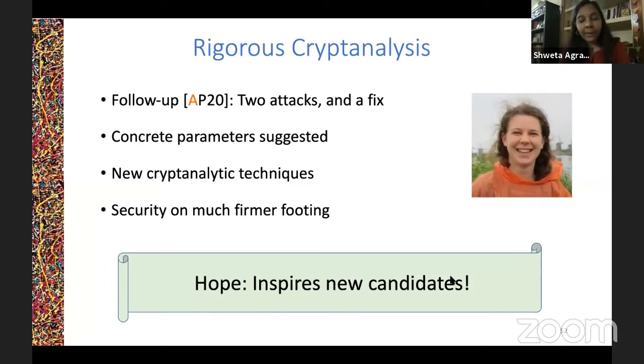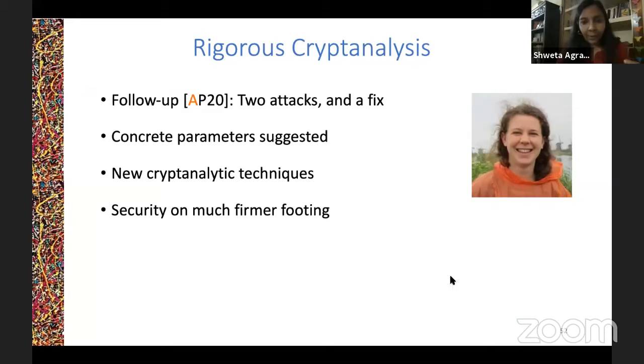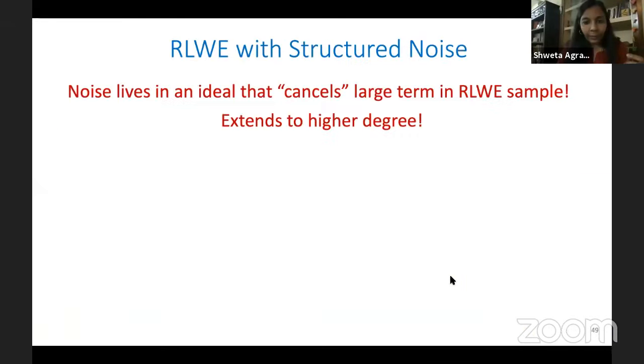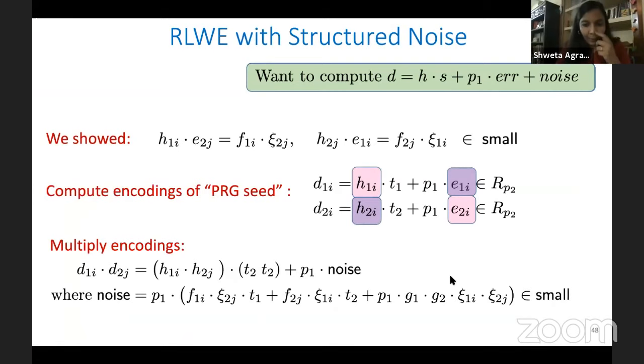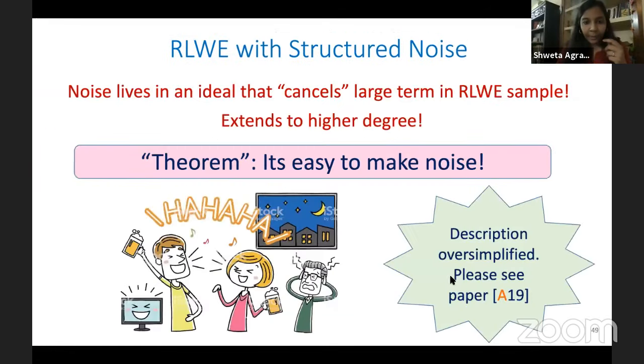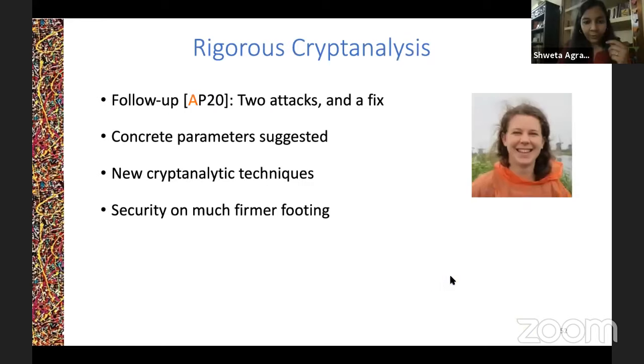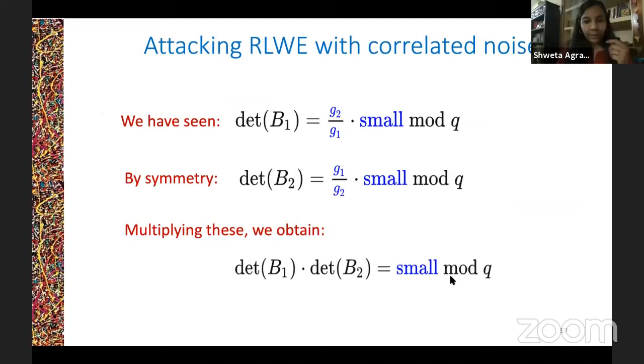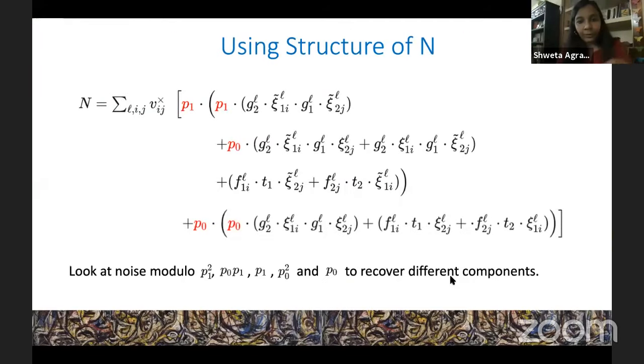And the second attack, I want to just say a couple of words about it. Maybe I'll show you the other slide which has the noise term. This is what the noise term looks like for degree 2.